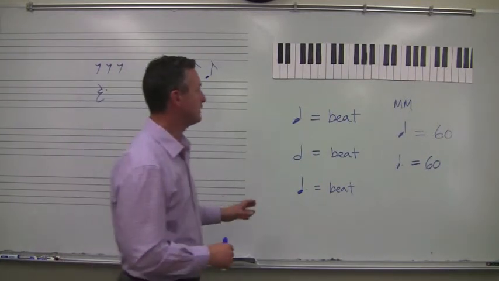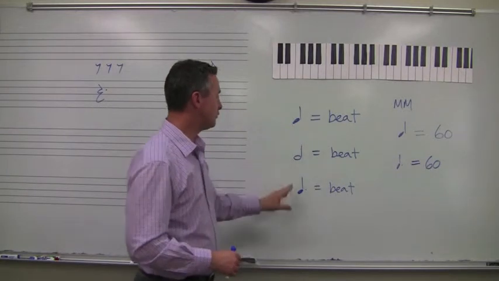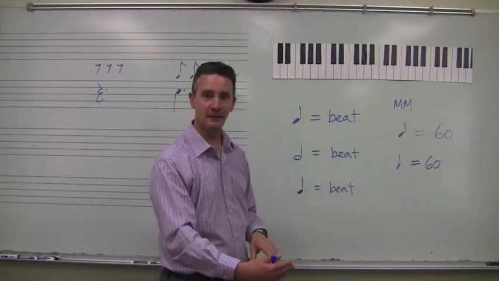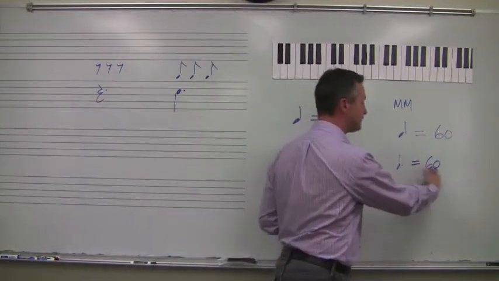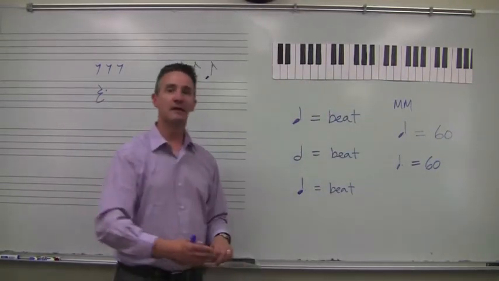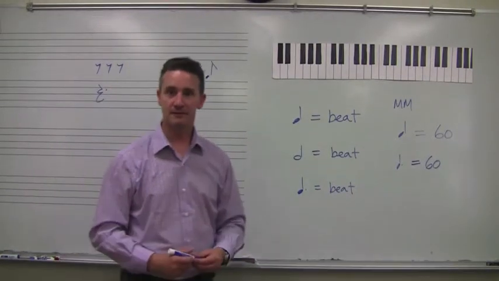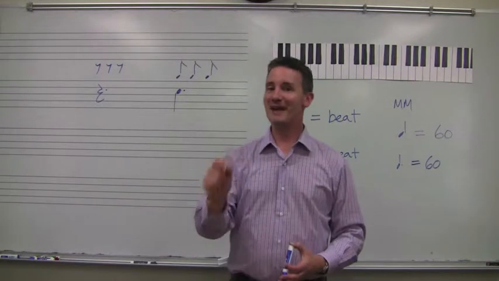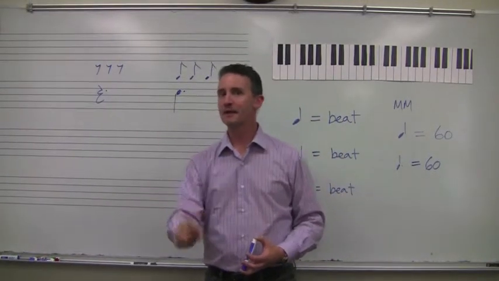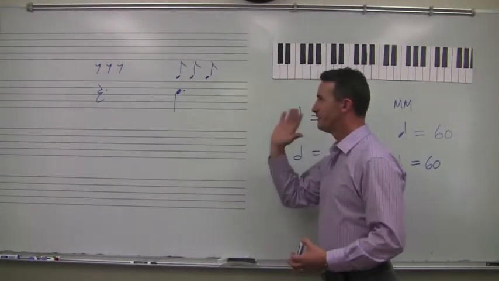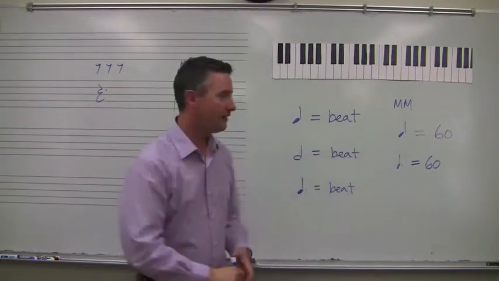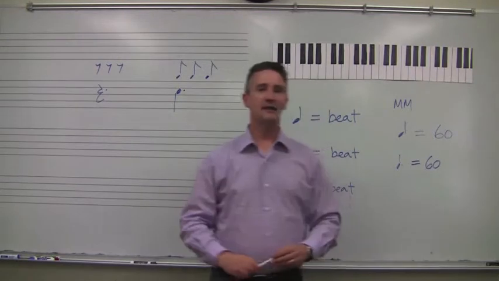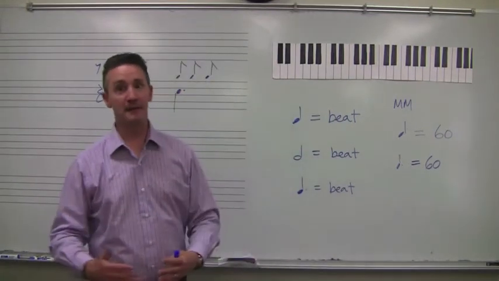And I want you to understand the concept of giving a note value a beat, assigning it to the beat, and then assigning it to a speed or an amount of time that it will occur within any given minute. I need you to get that concept in mind before we can move to the next concept in time. And so, the concept of dotted note values, and of assigning note values to a beat, and of designating a speed for the beat to go past.